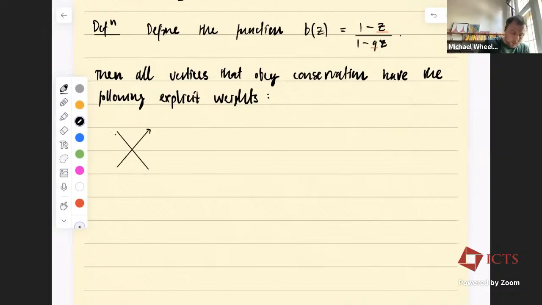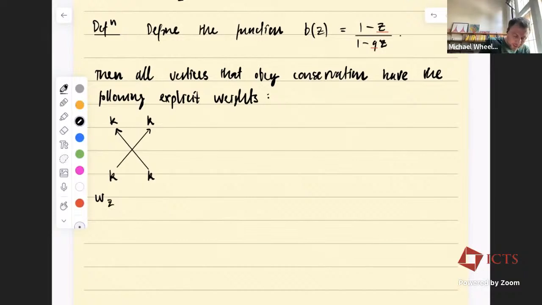So here's the first one. The first one is when both of the incoming states are going to be the same color, k. And in that case, by conservation, each of the outgoing ones has to be equal to k as well. So in this case, the weight W_{y/x}, actually I will delete the y over x and just write z in what follows.